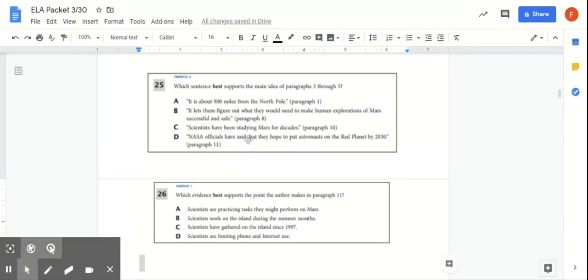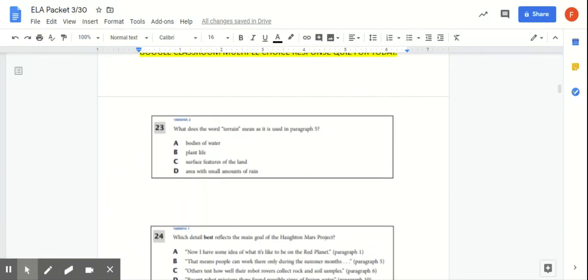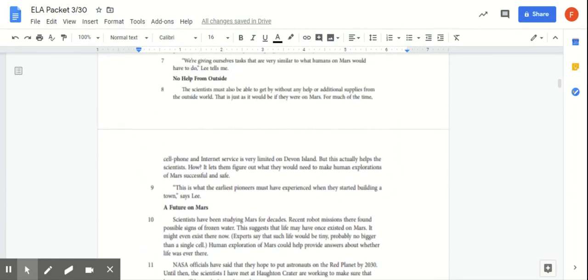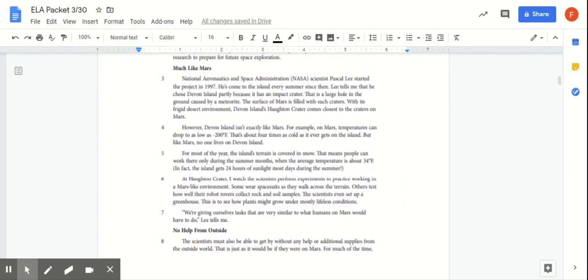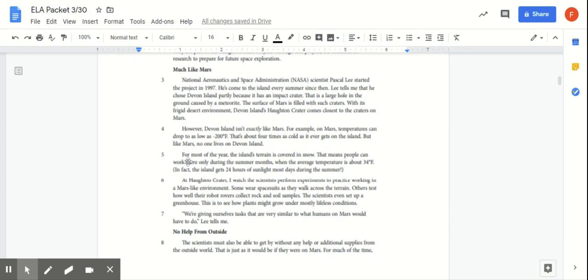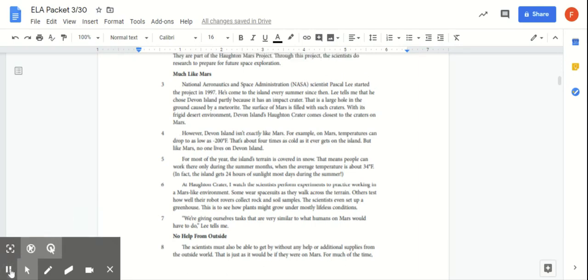So, if we scroll up to paragraphs 3 through 5, take a moment to reread that section and figure out what best supports the main idea of paragraph 3, 4, and 5.